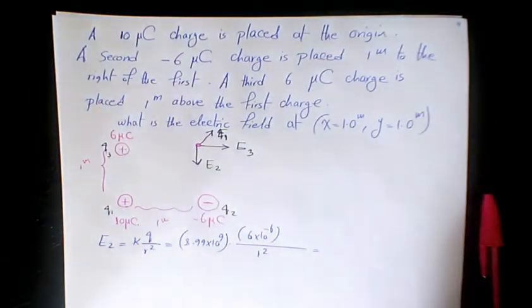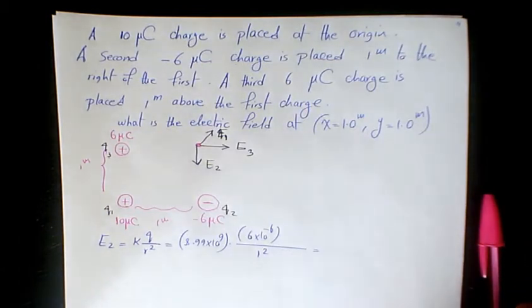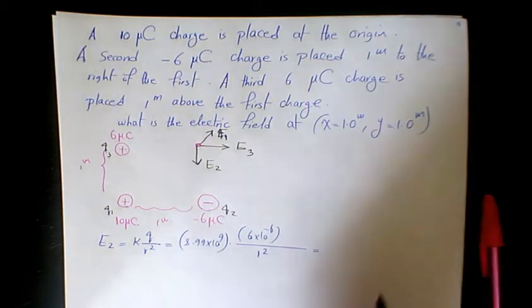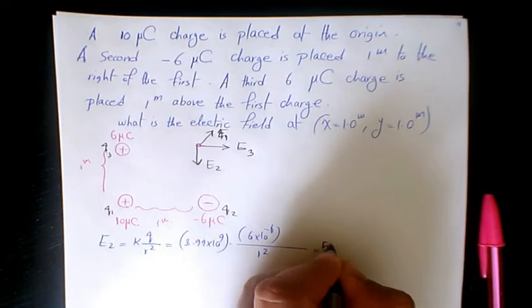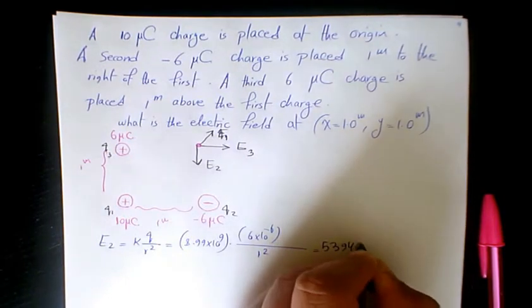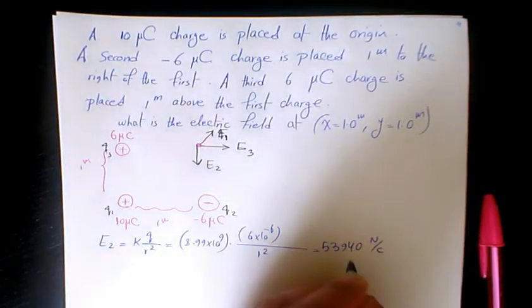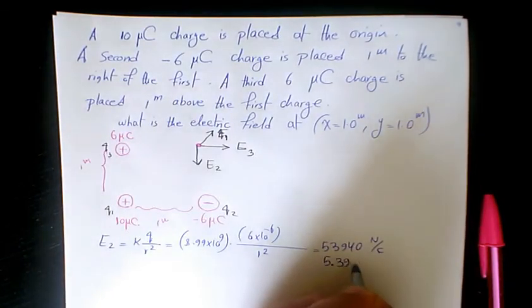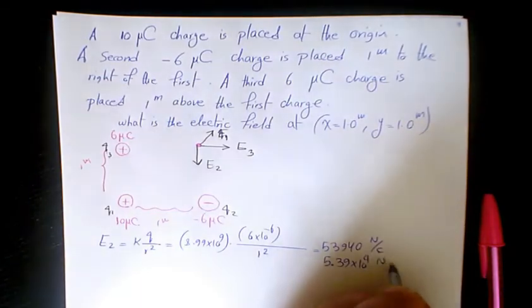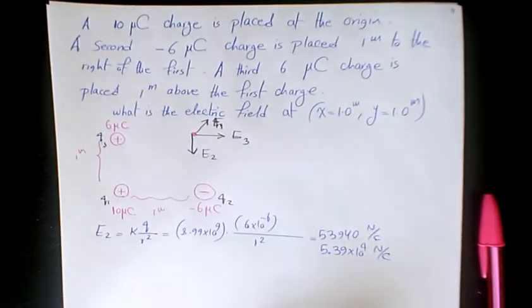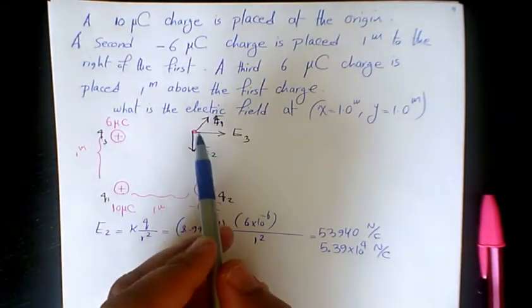So that will give me 8.99 times 10 to the power of 9 times 6 times 10 to the power of negative 6. That will give me 53940 Newton per Coulomb, or 5.39 times 10 to the power of 4 Newton per Coulomb. That's E2.